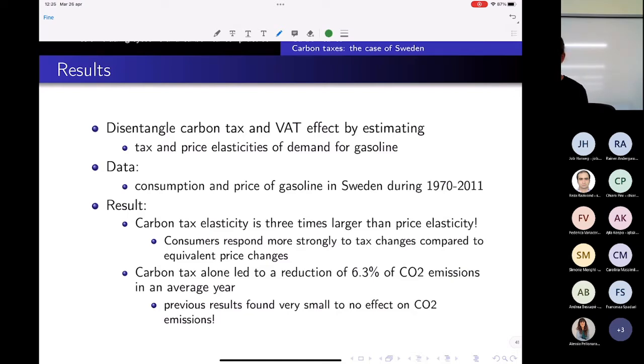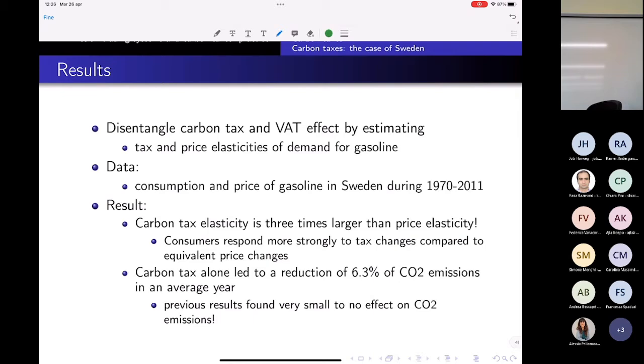What they do, again, is take data on Sweden, the price and consumption of gasoline from 1970 till 2011. I'm not going into any technical details, because it's not particularly interesting, but those of you who are interested can look at the paper. I'm going to give you the result.